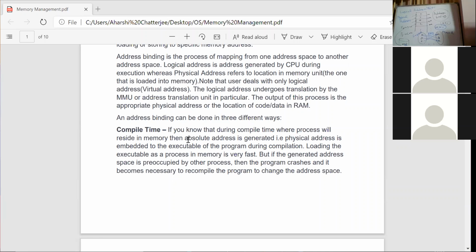Then the things become simpler, because that is the absolute address which is generated. That means the physical address is embedded during compilation.